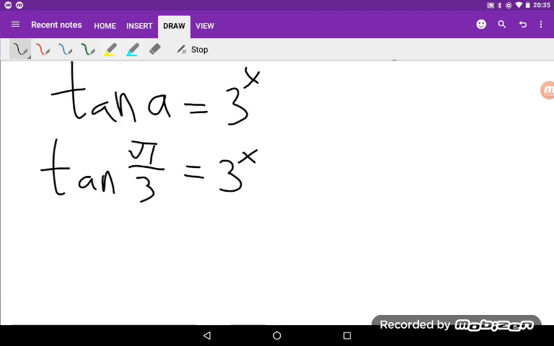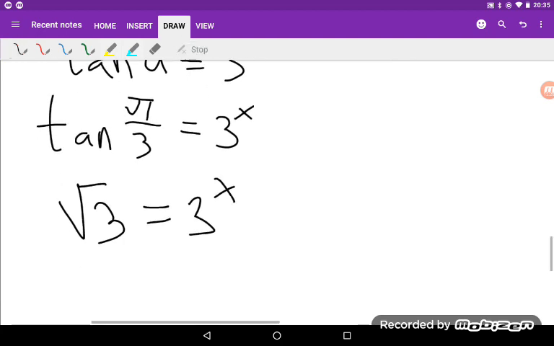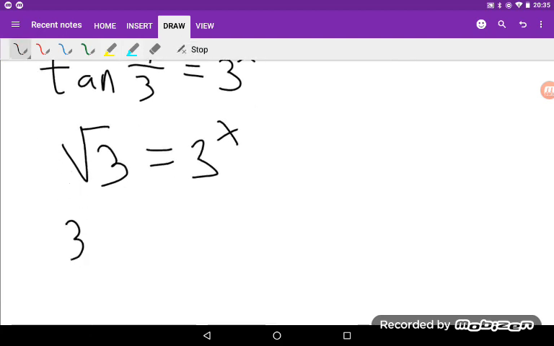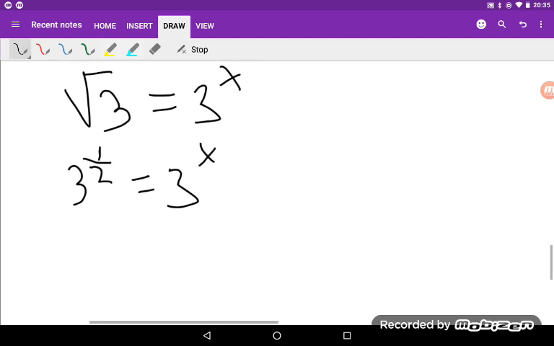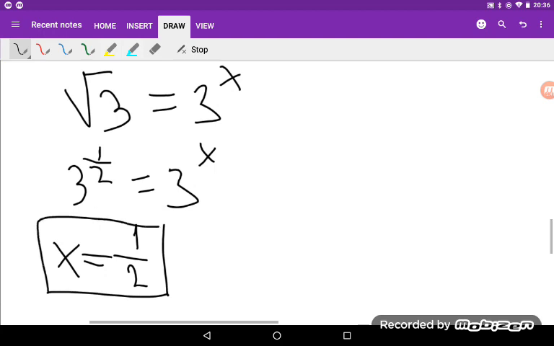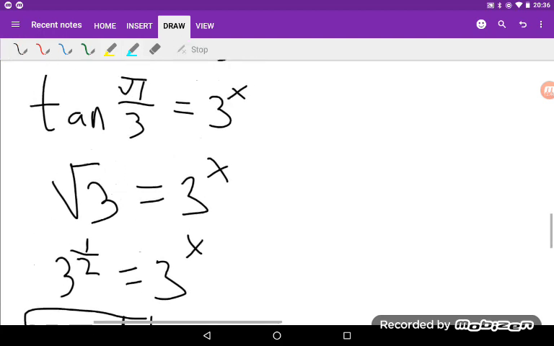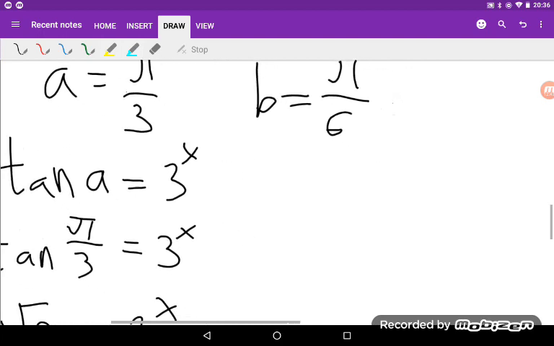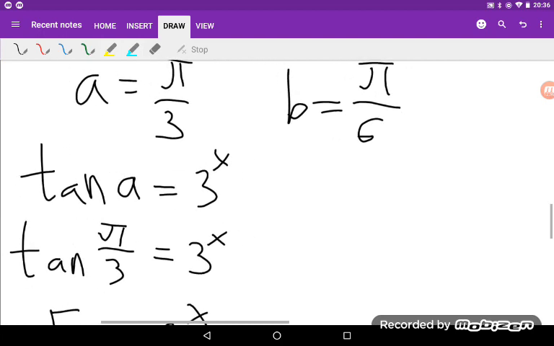And now tangent of pi over 3, that's square root of 3, and that's 3 to the power of x. And again we have that 3 to the 1/2 is equal to 3 to the power of x, and x is equal to 1/2. So we get the same solution, but this way is faster and easier, in my opinion, at least.